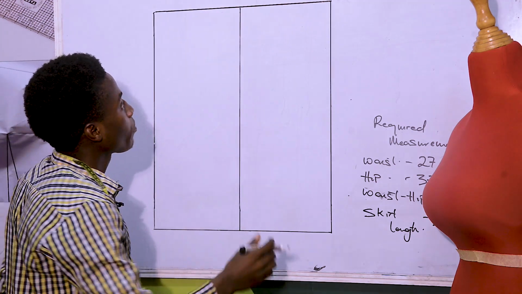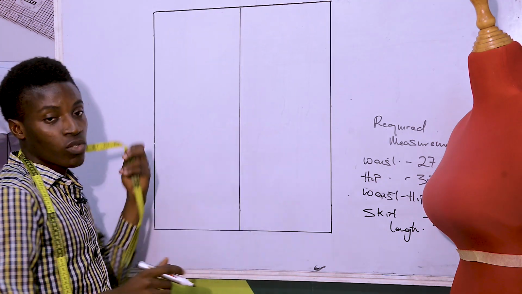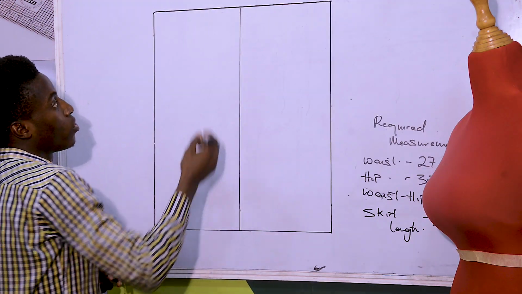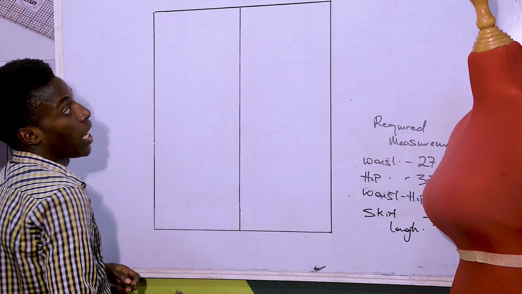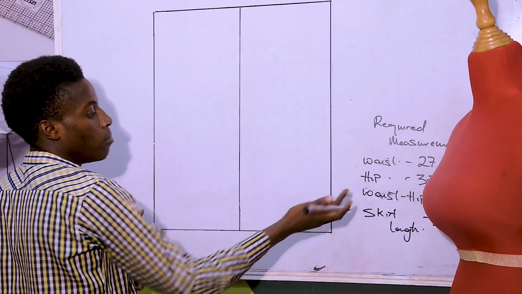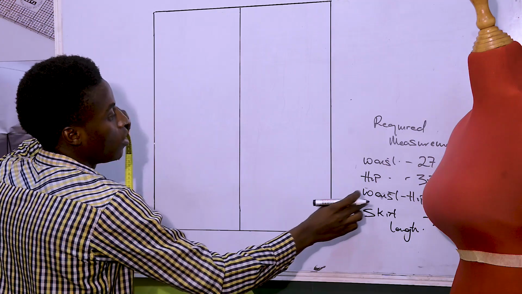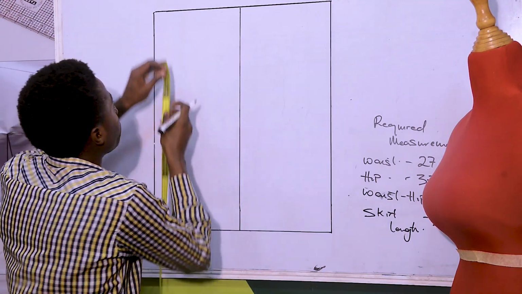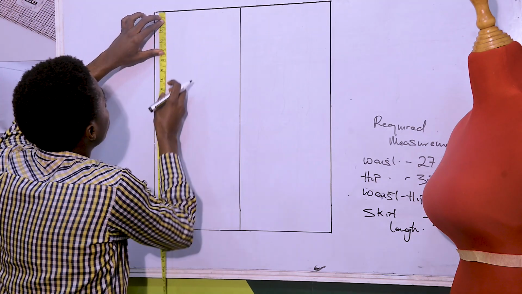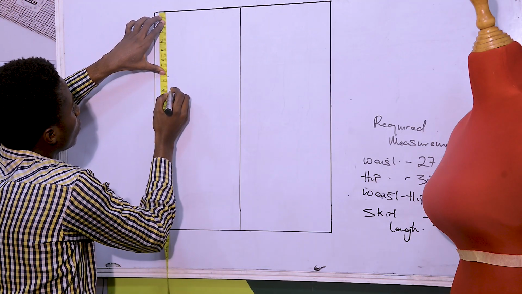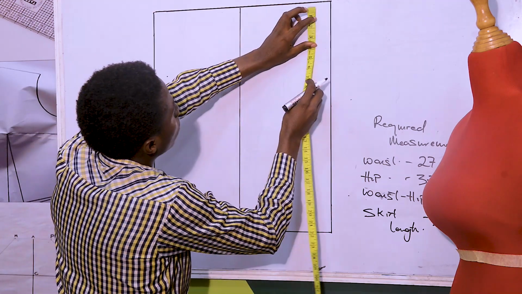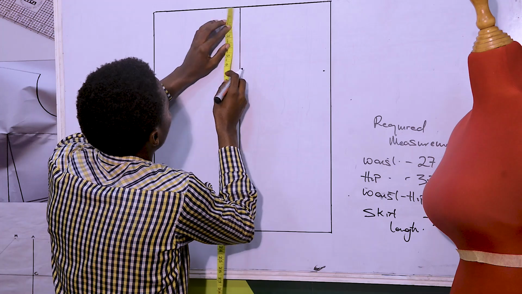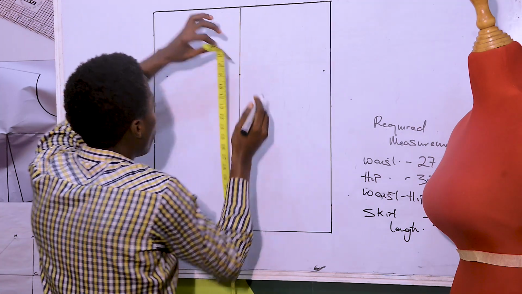Okay, so moving on to the next step is your waist to hip measurement. Now your waist to hip measurement is a depth. So now here I have my waist, I have my hem line. So I need to get what? My hip line, making use of what? The waist to hip measurement. So now your waist to hip measurement, deducting your band height, 1.5. So that's 6.5. 6.5, also at the middle, 6.5.